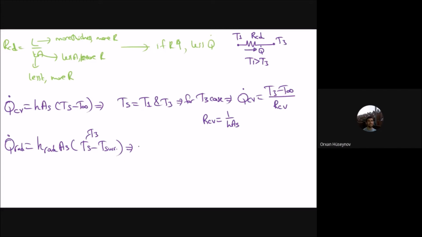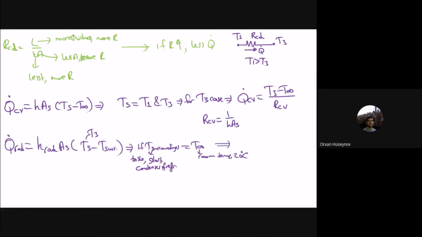And if T surroundings is the same as T infinity, let me give you one example: T infinity is room temperature, for example 20 degrees Celsius, and T surroundings can be that table, or that glass, or the condenser of the refrigerator. These temperatures are all the same as T infinity, and then you can just replace the surroundings with T infinity.